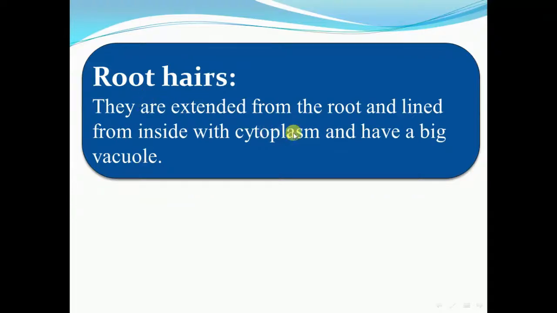So root hairs extend from roots, lined from inside with cytoplasm, and the root hairs have a big vacuole.